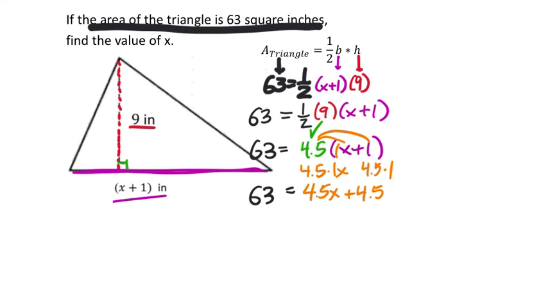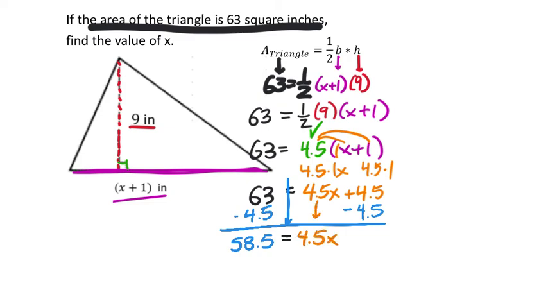And now that I have that, I'm ready for principles of equality, because I don't see any combining like terms necessary. So I'll zero out that plus 4.5 by subtracting 4.5. So that should be 58.5. Now equals, we'll just drop our 4.5x.